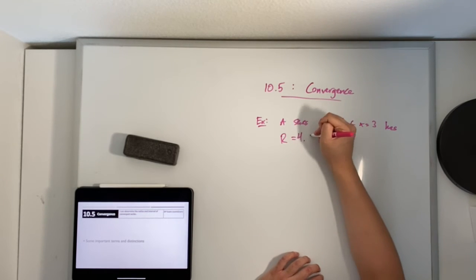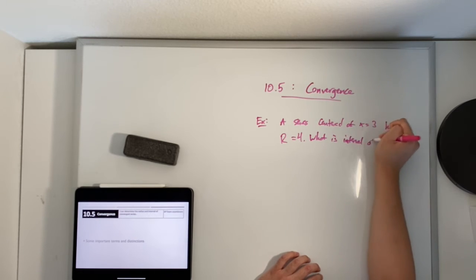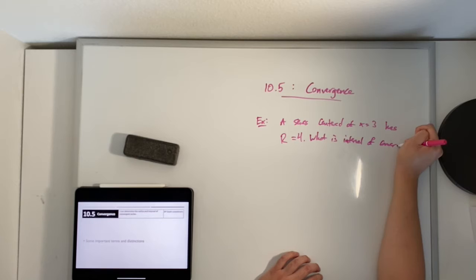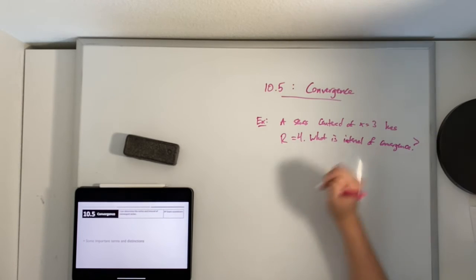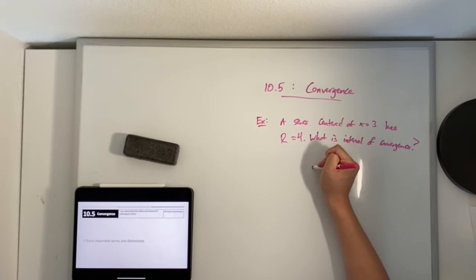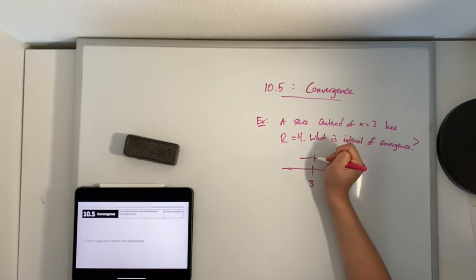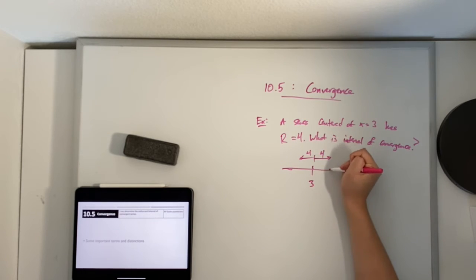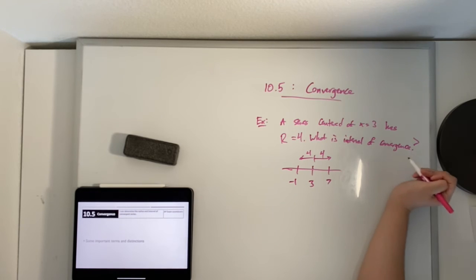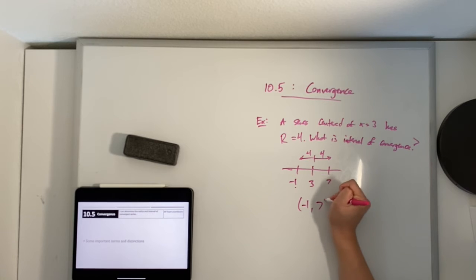What is the interval of convergence? Well, if we're centered at x equals 3, and the radius of convergence is 4, then we're going up to 7 and over to -1, which means our interval of convergence is from -1 to 7. That's literally it, okay?